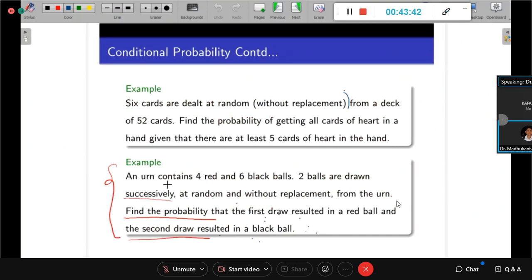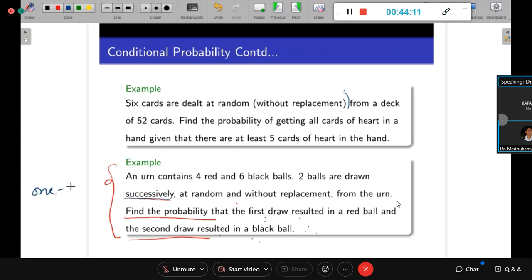Just a second. See here, I have drawn successively, one after the other. That's the meaning here. Here we have not drawn it successively. Did you get my point? Yes, sir.